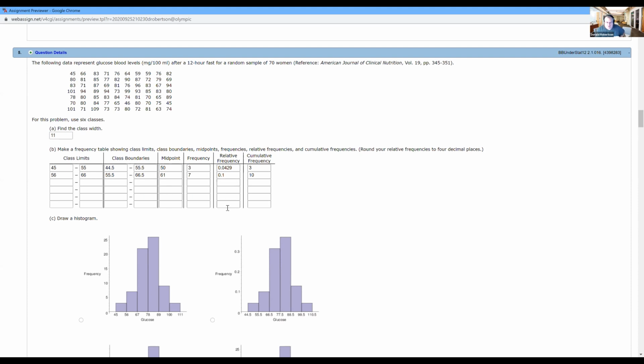What should the last number in the cumulative frequency be if you did it right? 70, yeah. Right? So if that last number adds up to 69, isn't that a sign you better go looking for something?